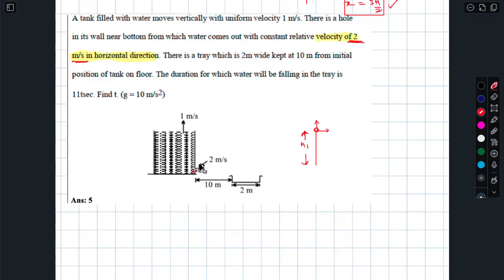Relative to the tank it is 2 meter per second, but it will actually have 2 velocities. So it will follow a projectile path like this, which means it will fall. Only from this point of time, collection starts. Again, when it is at some other height, it reaches some other position.